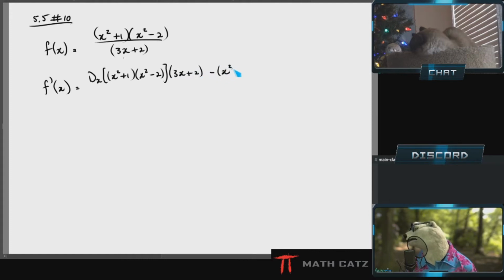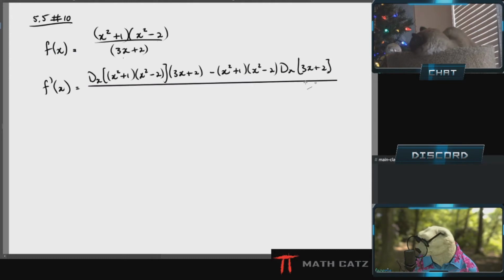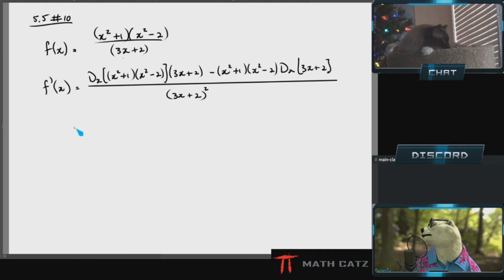Minus the top. How complicated it is doesn't matter right now. I'm setting myself up. Times the derivative of the bottom. And many times people try and do too much in one go. I'm not ready for these top derivatives, perhaps. Bottom squared.